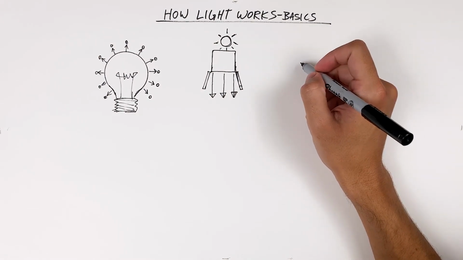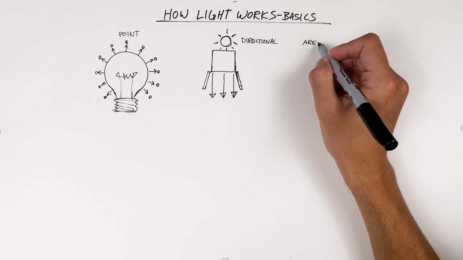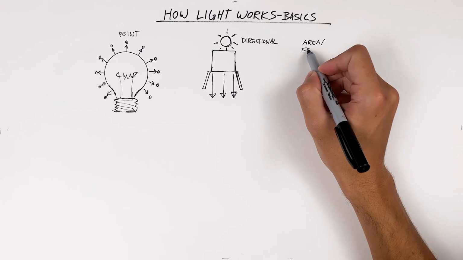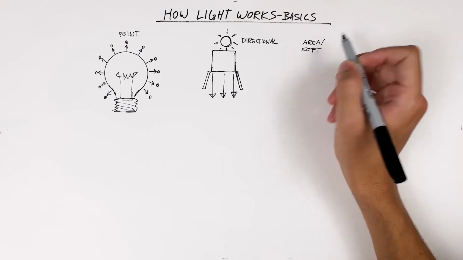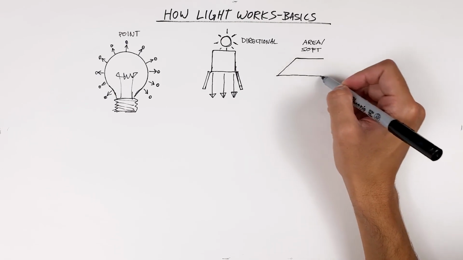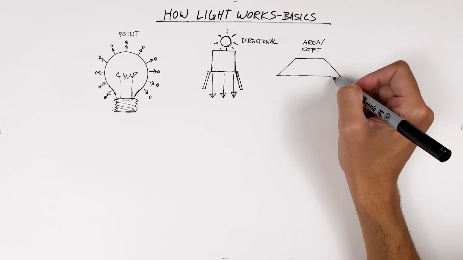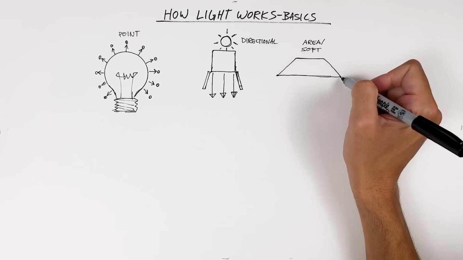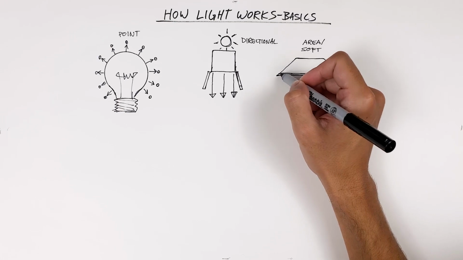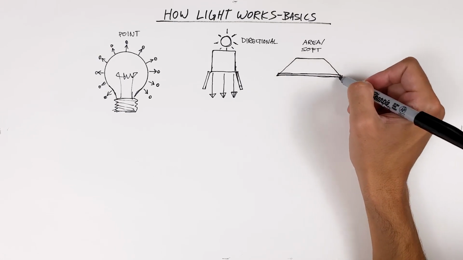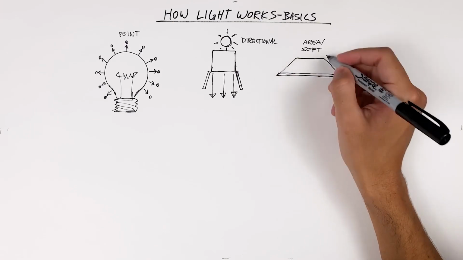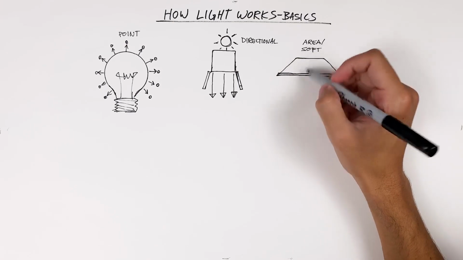And the other kind of light source are area lights. We can consider these for our use here soft lights. So this would be something like a photographer's softbox or an open window without direct sunlight coming through, just a window that's open to the sky. It's a wide, broad aperture that is emitting light in a general direction.